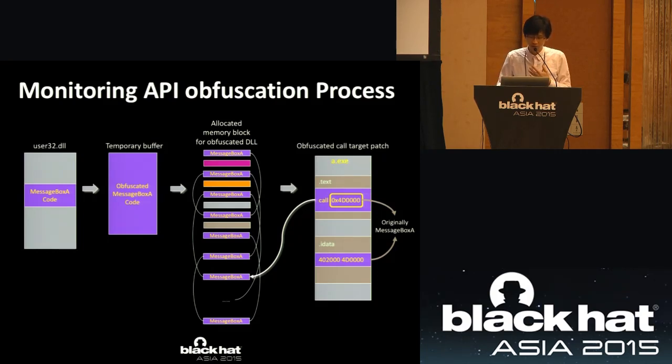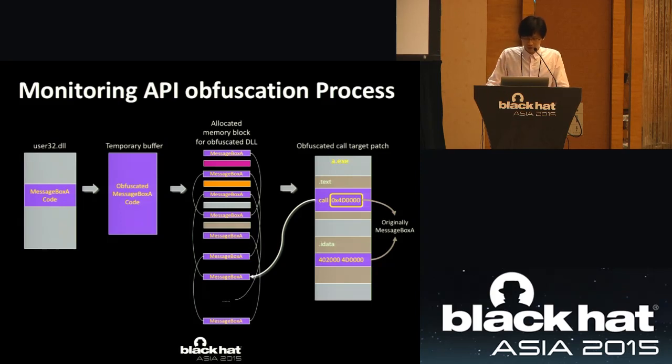From the temporary buffer, it is split into many basic blocks, and the small basic blocks are mixed with other functions, so it is very hard to identify from a small basic block what this code belongs to.